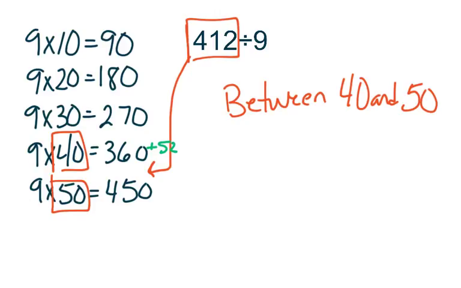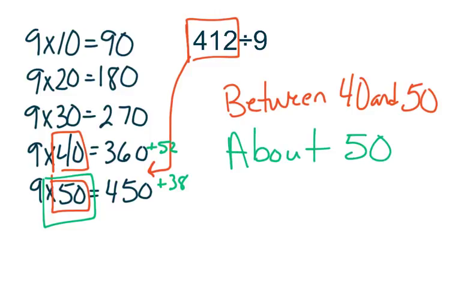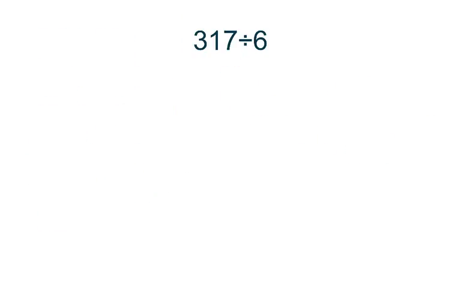If I was going from 412 to 450, I would only need to add 38. So it's quite a bit closer to 450 than it is to 360. So my actual quotient is going to be closer to 50, or about 50.